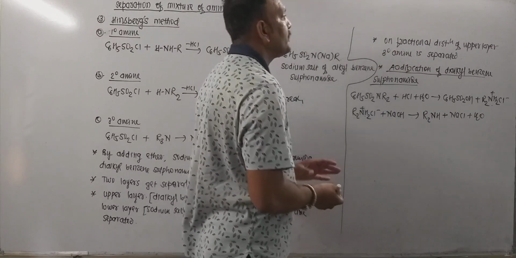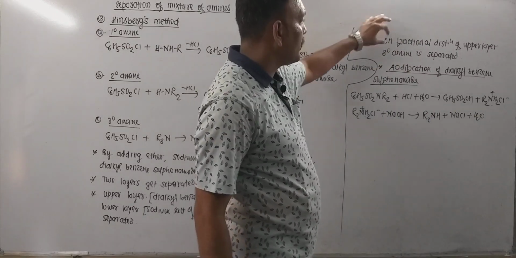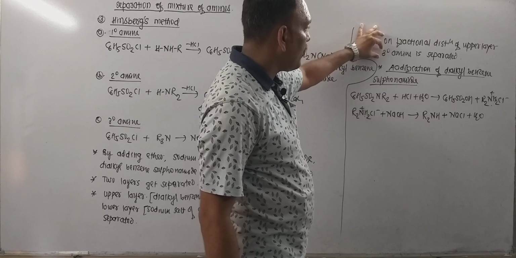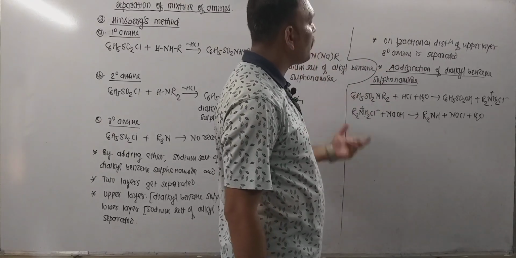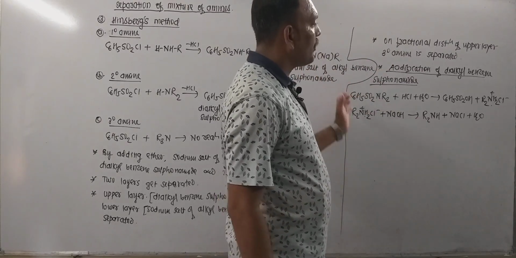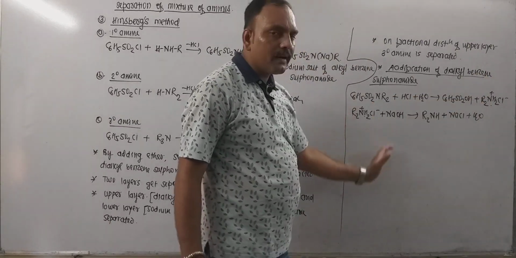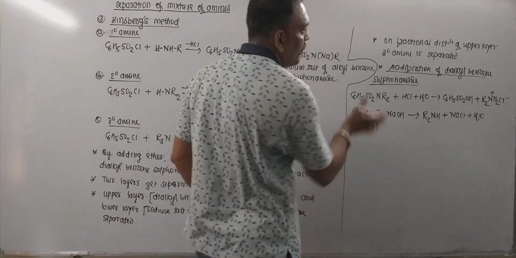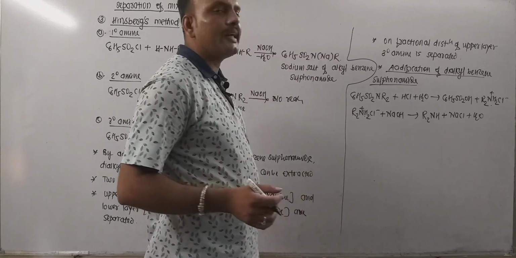In this way, first of all, upon fractional distillation of the upper layer, tertiary amine gets separated, and on acidification, dialkyl benzene sulfonamide gets converted into dialkyl ammonium salt, which in turn reacts with NaOH producing 2 degree amine. In this way, the upper layer gets isolated into 2 degree and 3 degree amines.